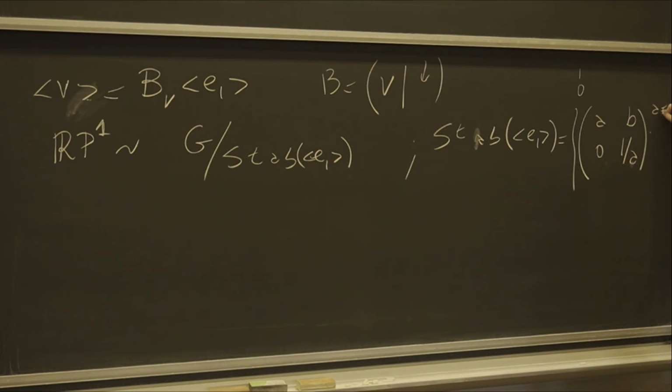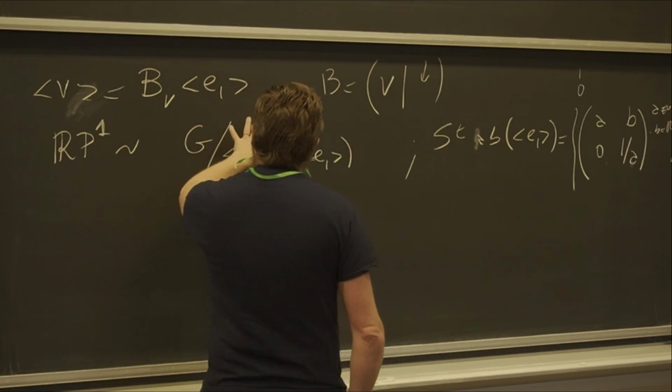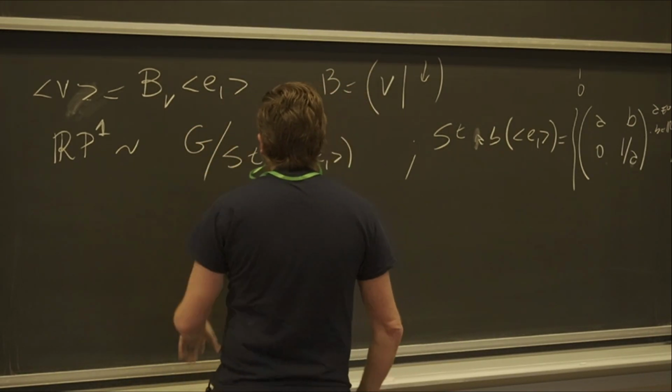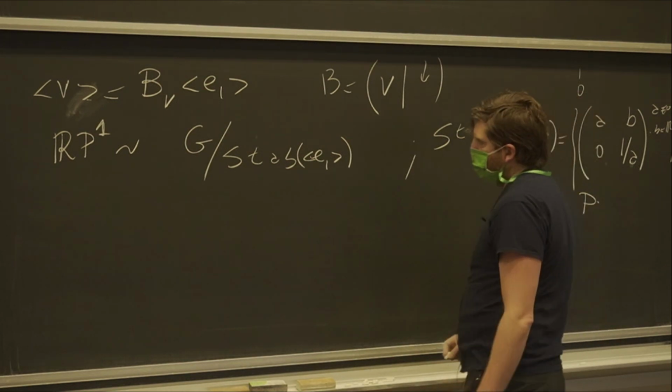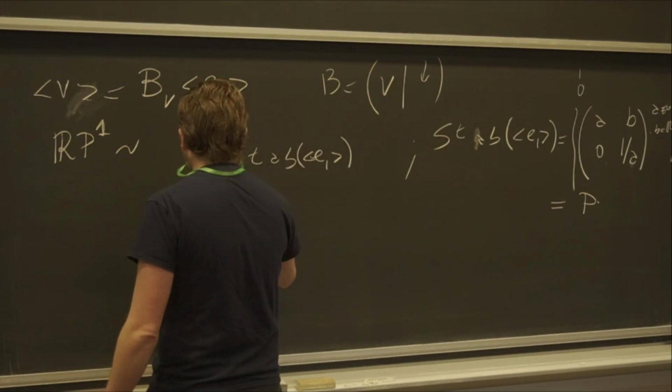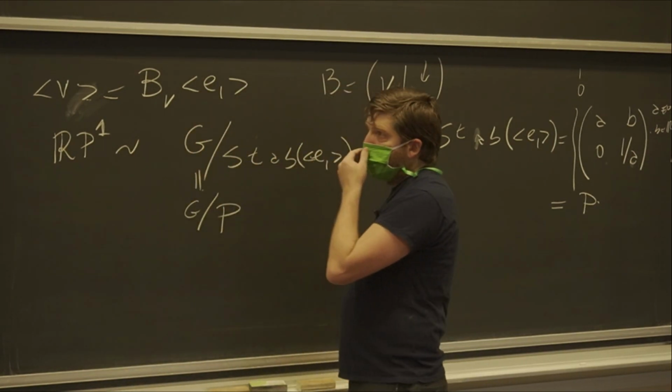And then A non-zero, B in R. And this is this stabilizer. Okay, so that's how we identify this G mod P. So this ends up being P, with this RP1.